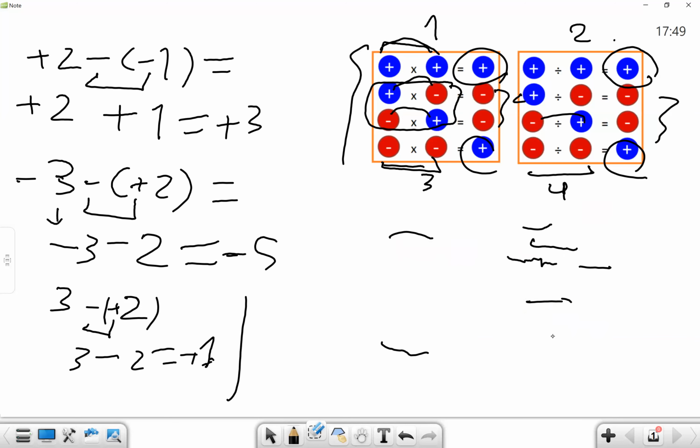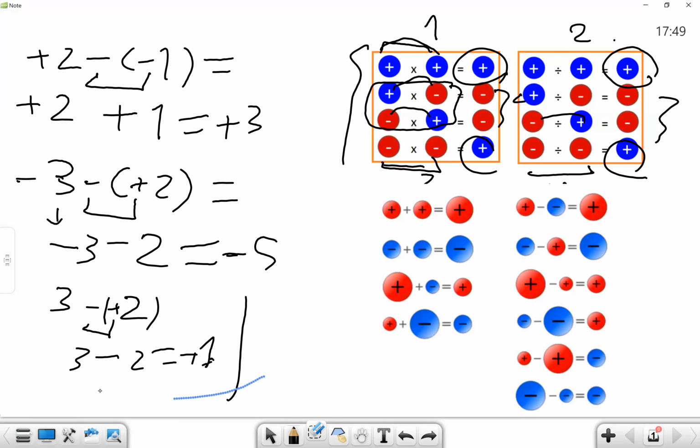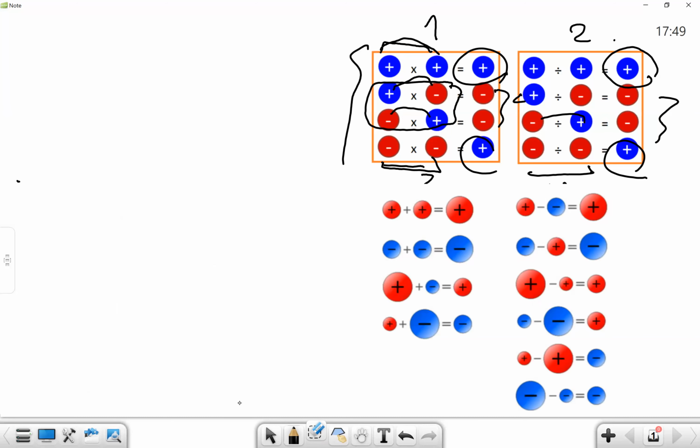Negative minus negative. What does it mean, negative minus negative? Negative 2 minus negative 3.